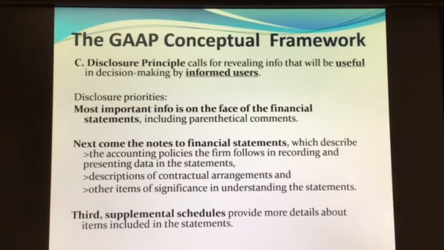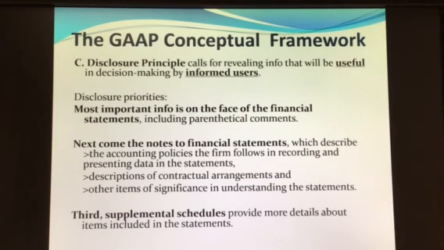Next come the notes to financial statements, which describe several things here. First of all, the accounting policies the firm follows in recording and presenting data in the statements. That is, things such as inventory valuation, whether the company uses FIFO, LIFO, or average costing, depreciation methods, valuation methods, say, for long-term investments, that is, whether the company has exercised the fair value option in presenting that information.